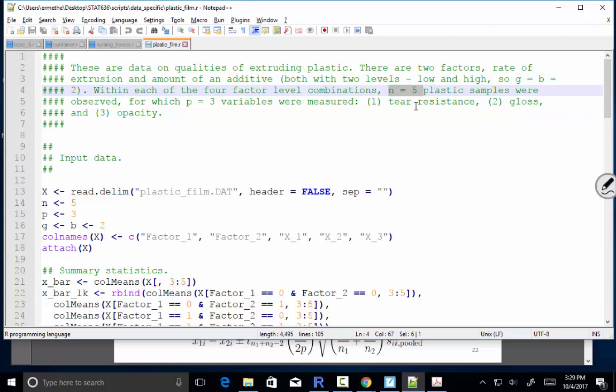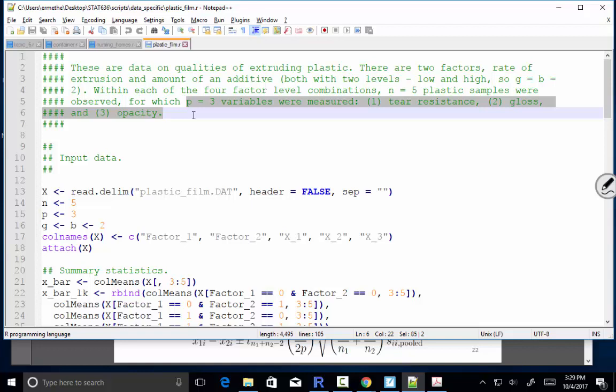So we have 5 samples of low-low, 5 of low-high, and so on. And then we have multivariate data. P is equal to 3. Our variables are tear resistance, gloss, and opacity.